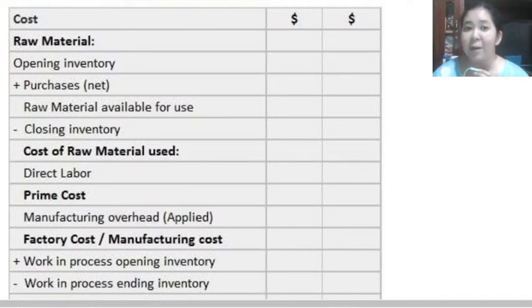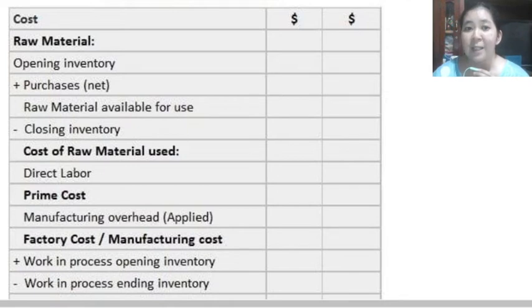So that's our raw materials available for use, meaning the total available raw materials that can be used for production. And then we will deduct the ending inventory. These are the remaining inventory for the period which will be forwarded to the next accounting period.